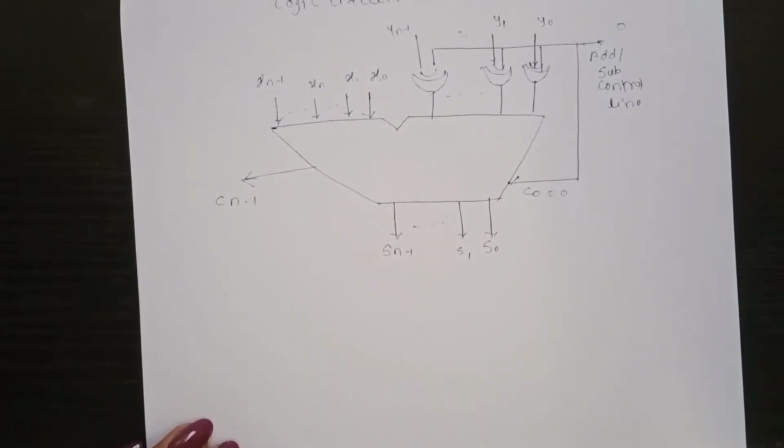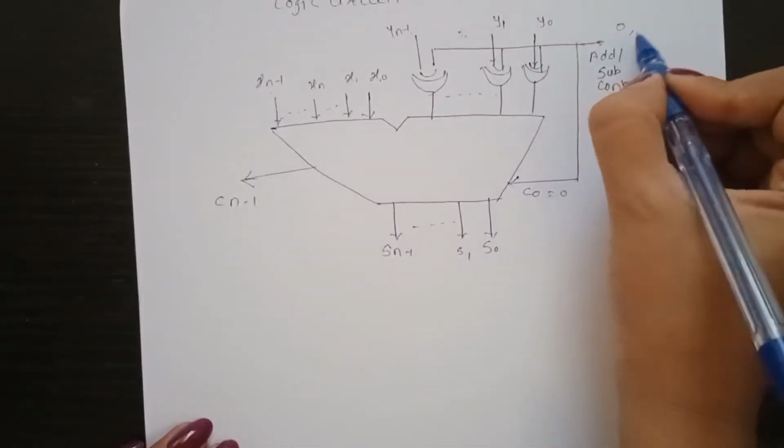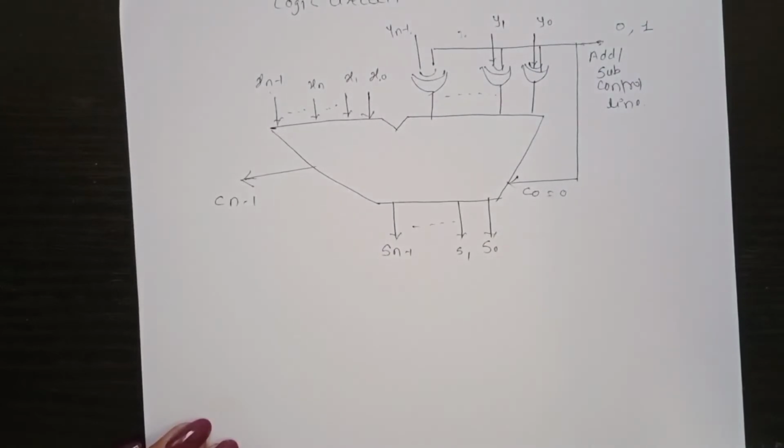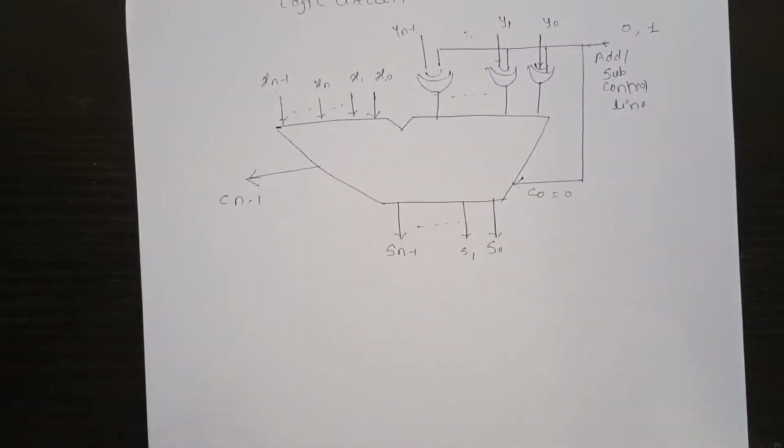So when the addition or subtraction line is set to 1, the y vector is 1's complemented by the XOR gate and C0 is set to 1 to complete the 2's complement of y. That means first we have to apply 1's complement, and to make it into 2's complement form we have to add 1 to it.